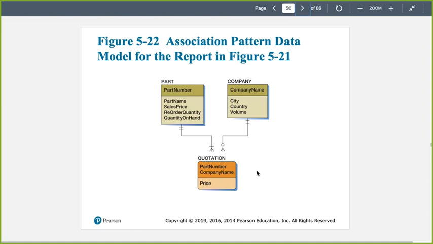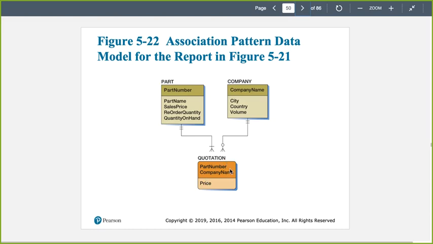And once you build two one to many relationships, you always have an ID dependent relationship. So the lines are always solid. You see that the lines are solid, and the quotation, this intersection, the special name for this is the intersection table, or in this case, intersection entity, is always ID identifying, and the quotation is always weak.